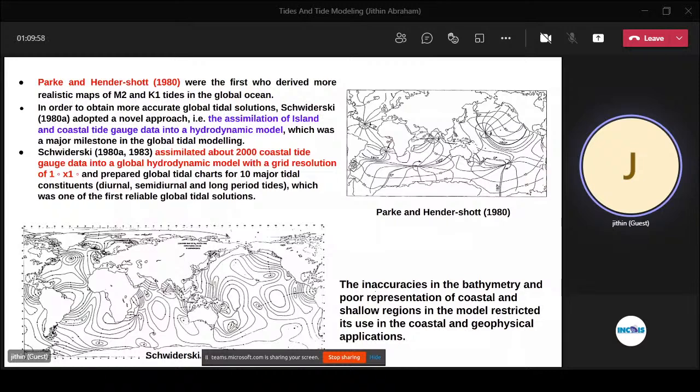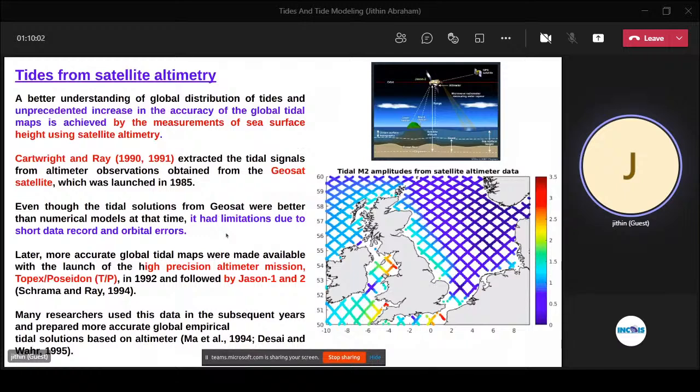Later, a better understanding of the global distribution of tides and an unprecedented increase in the accuracy of global tides were achieved with the emergence of satellite altimetry. The satellite measures the sea surface height, and from that we can extract the tidal elevation along its tracks.